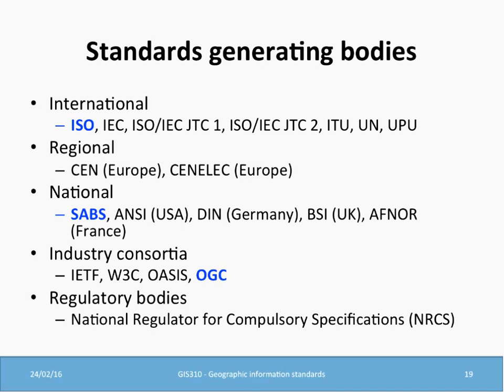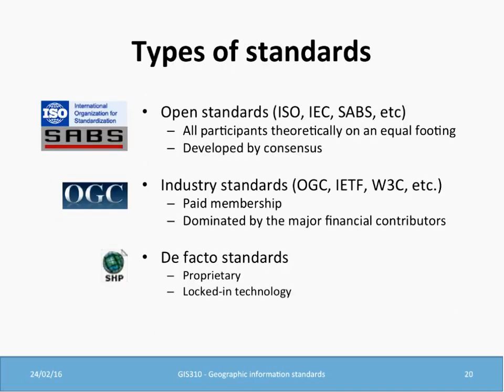I think W3C you might have heard of. They usually have a lot of tutorials and things on JavaScript, SQL coding. So they're also very big into developing those types of standards. Then we have standards regulating bodies. So who makes sure that we actually implement the standards and that the standards are correctly implemented.